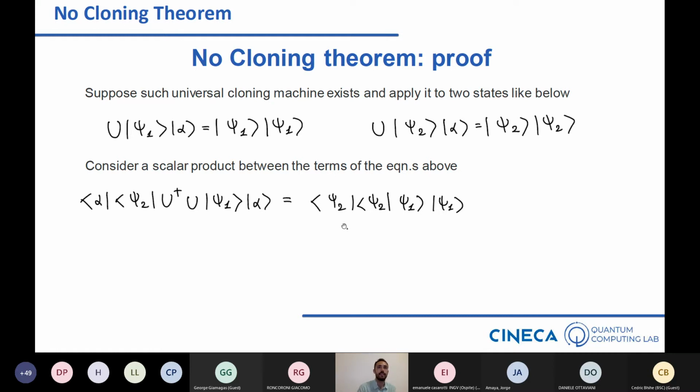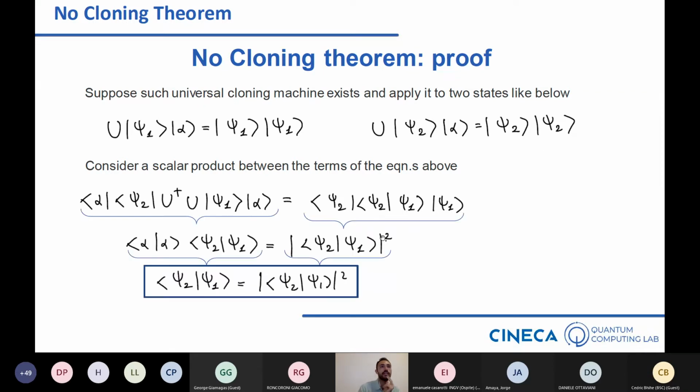So what you get is the following: this term for the left-hand side and this term for the right-hand side. But then if you look closer, since U is unitary, U dagger U is again the identity, this scalar product becomes alpha times the scalar product of psi2, psi1.